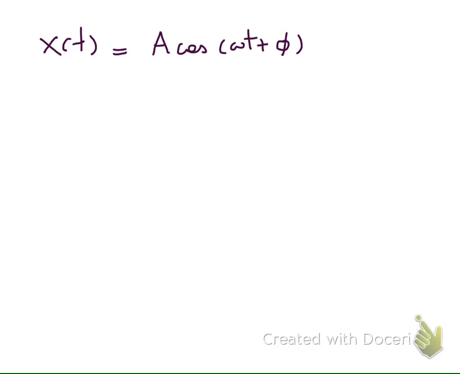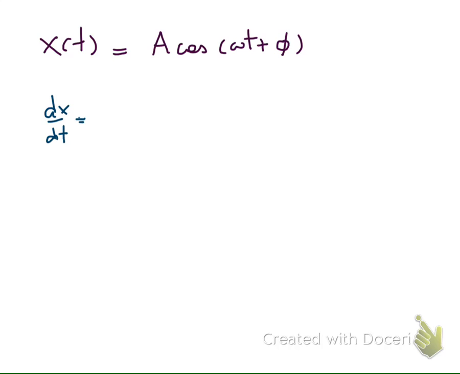We can do this by first calculating the first derivative of x(t), so dx by dt is equal to the derivative of the right side.